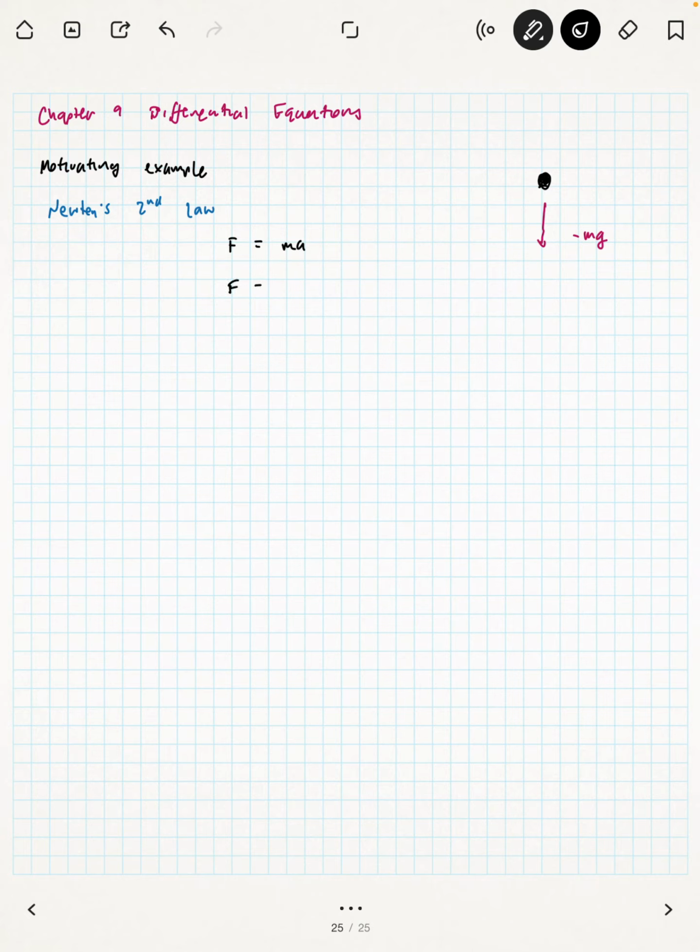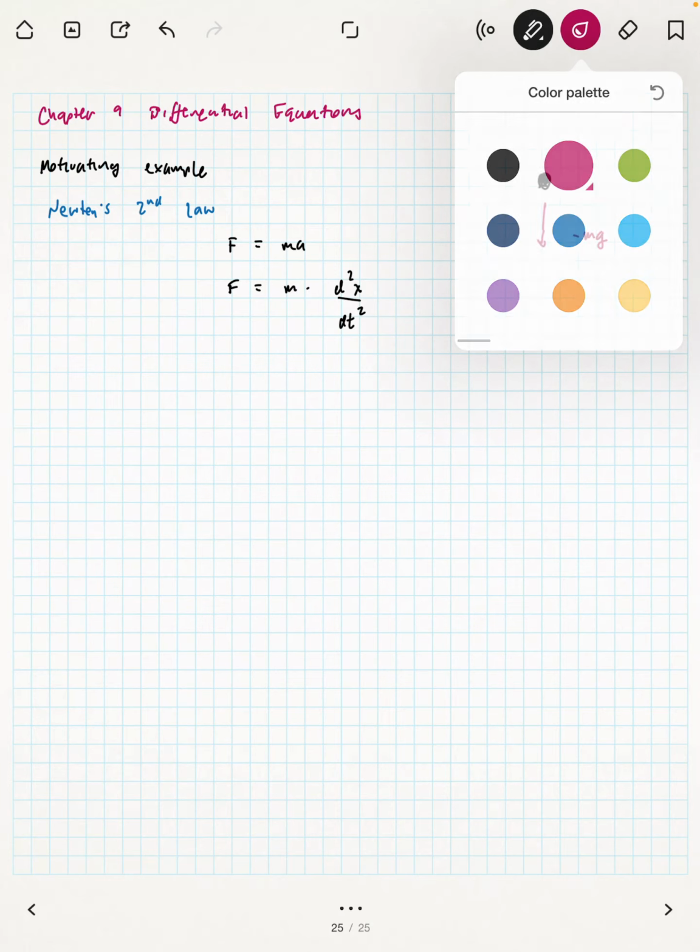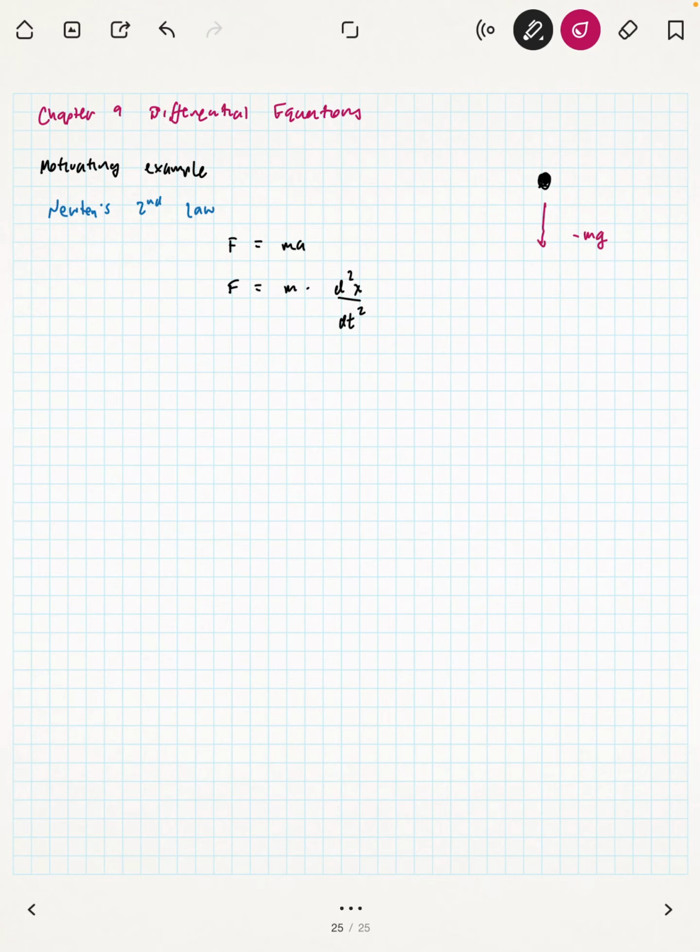We can write this equivalently as F equals m times d²x/dt², which in this notation, what we want to think about is the acceleration as a function of time, okay, is a rate of change.